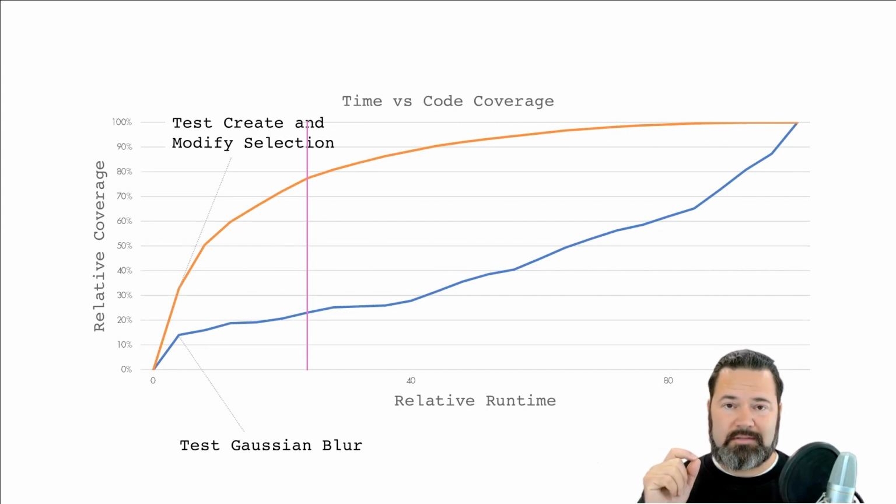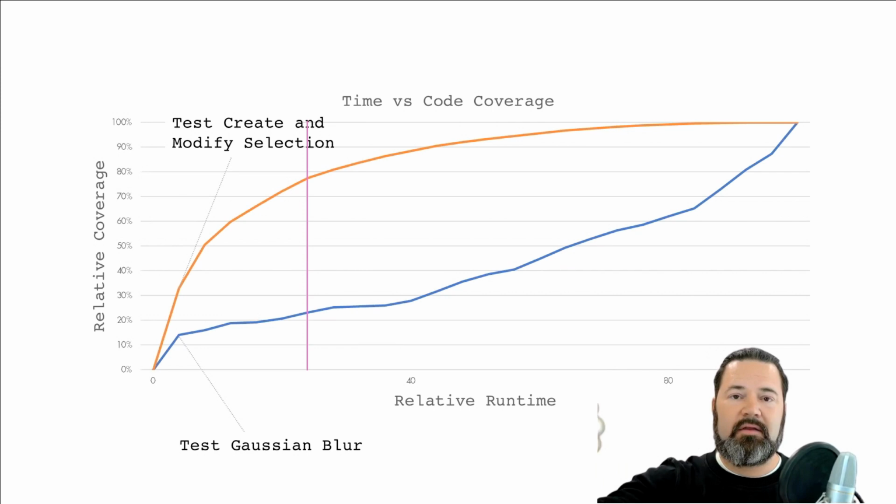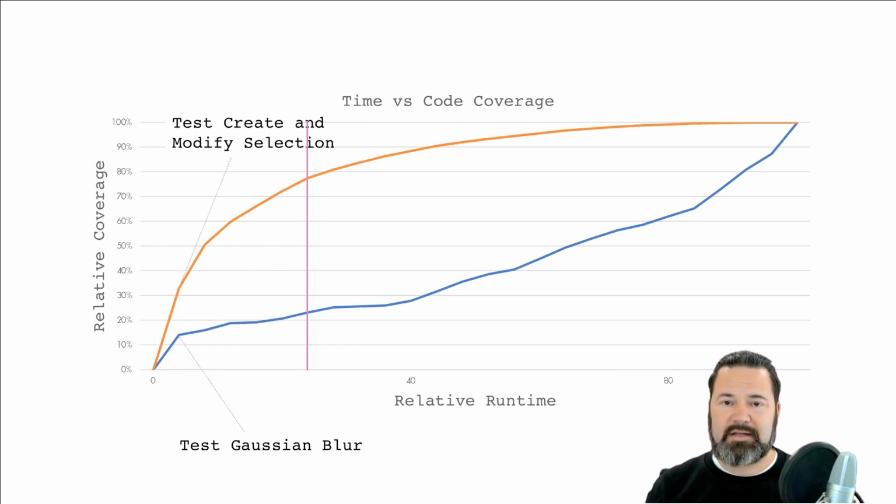Unfortunately, in practice, usually tests are executed in the order in which they lie in the file system or package structure. And that means very similar test cases are executed one after another. And that means we get curves that are pretty flat. If we compute an optimal order, we get much more code coverage much quicker.